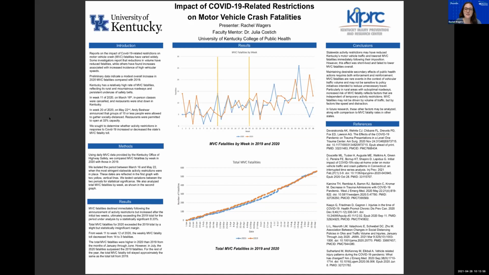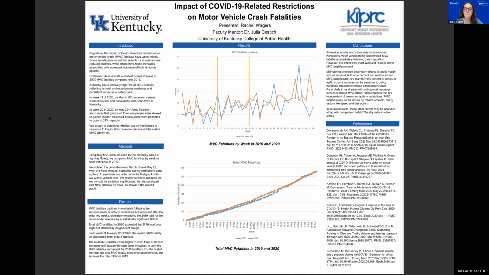So to go ahead and get started, the purpose of my project was to determine whether activity restrictions in response to COVID-19 increased or decreased the state's MVC fatality toll. So MVC, which is an acronym that I will be referring to throughout this presentation, stands for motor vehicle crash.